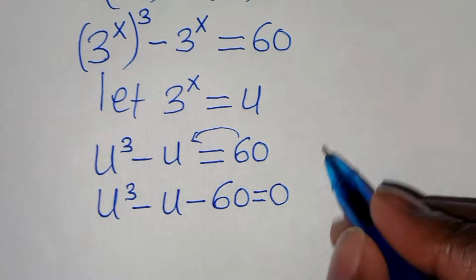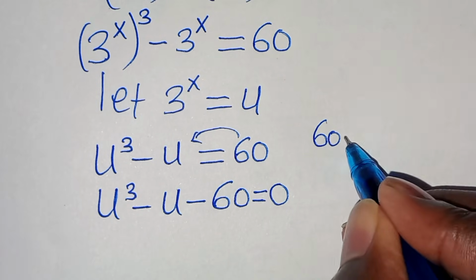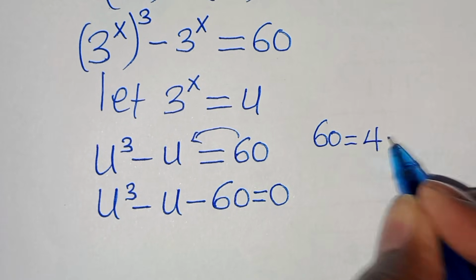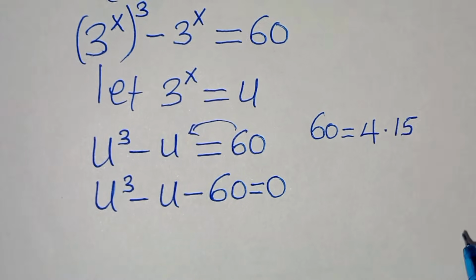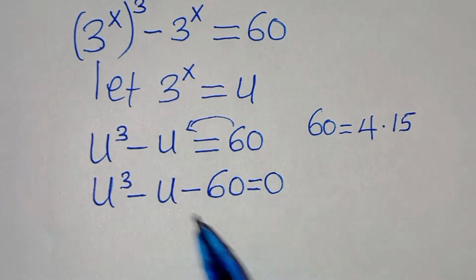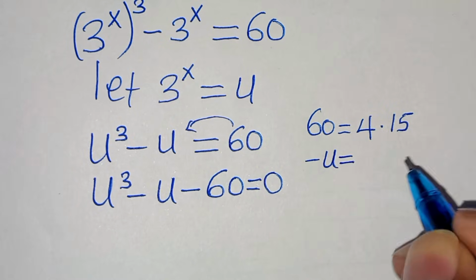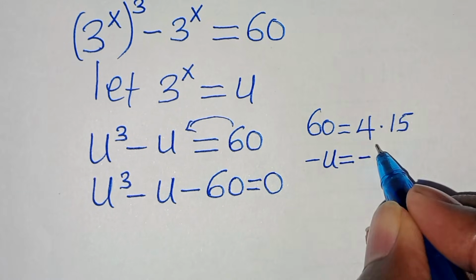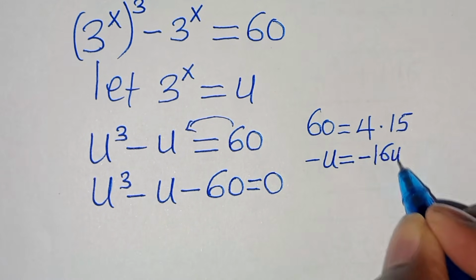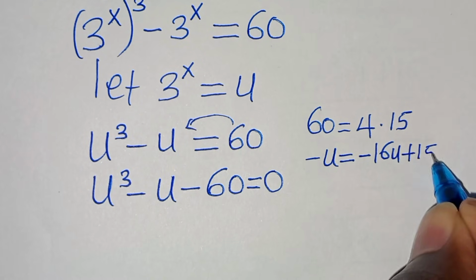Now the next step is that we have 60. This is the same thing as 4 multiplied by 15. Now we can express minus u as minus 16u plus 15u.